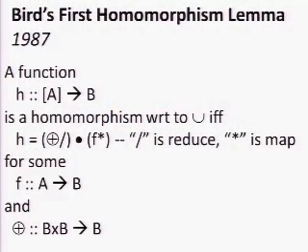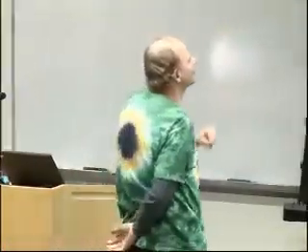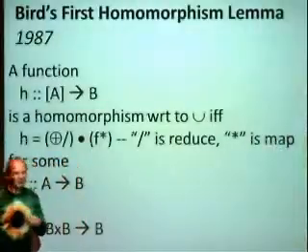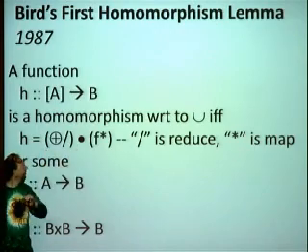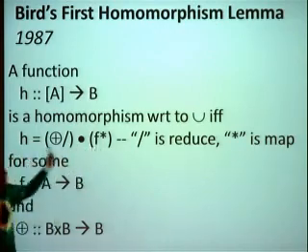And this is one of the theorems that we were using. This is called Bird's homomorphism lemma. I always dream that there's a law or an algorithm named after me, but maybe that time will come. Bird's first homomorphism lemma says that any function that takes a list and computes some value is a homomorphism if and only if I can decompose that function into a map followed by a reduce.